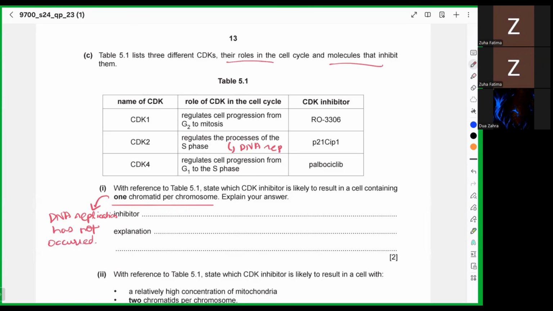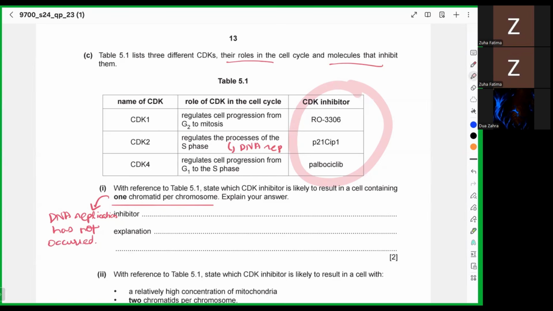Now tell me, which inhibitor can do this, can stop DNA replication? CDK1 is the name of the enzyme. We have to state the inhibitor. Which inhibitor would have an effect on the process of DNA replication?